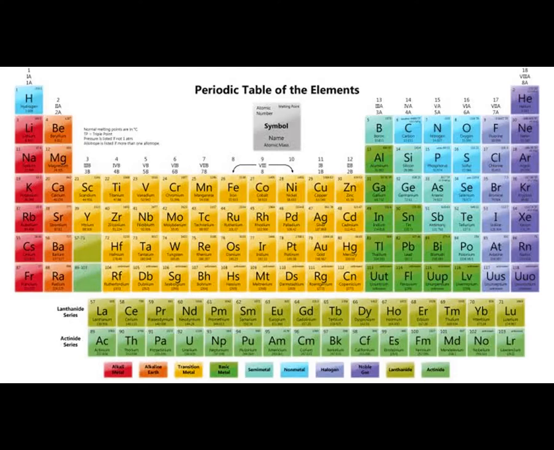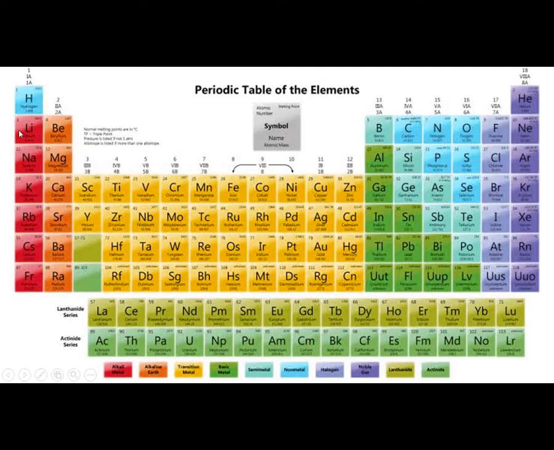And what is the second element of this periodic table? Lithium? No, that is 3. The second one is helium. From hydrogen, just go straight in the first period and you will get helium. Here 2 is written at the top. It means hydrogen has atomic number 1, and helium has atomic number 2. It means it has 2 protons in the nucleus and 2 electrons in the shells.